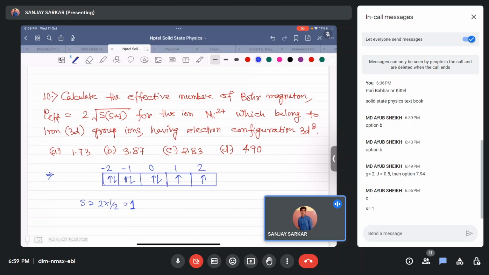Since S is all we need, then P effective is equal to 2 into root over of S into S plus 1, and that is root over of 2 into 1 into 1 plus 1, that is 2 into root 2. And what is the value of that? I guess it is 2.83.